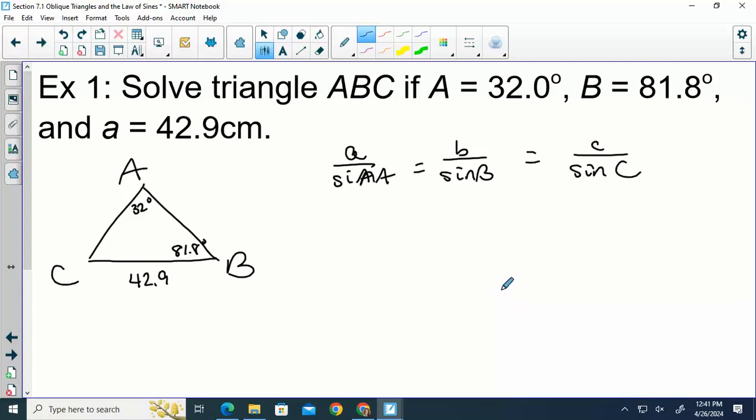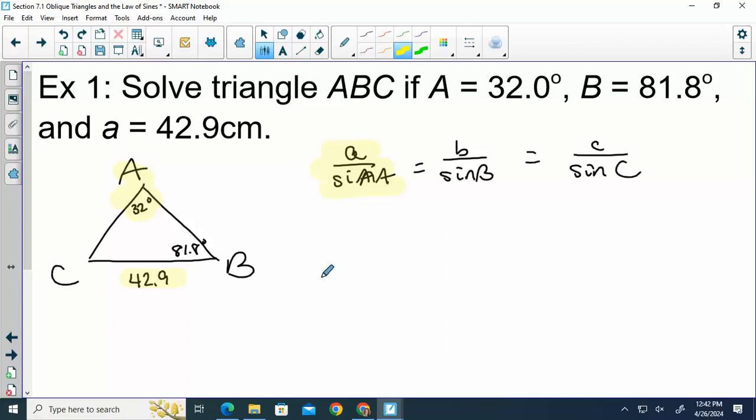So to use the law of sines, we can take any 2 at a time. Now if I'm going to be able to solve for anything, I'm going to have to use the A over sine A, because that is the only angle-side pair that I was given in the problem.